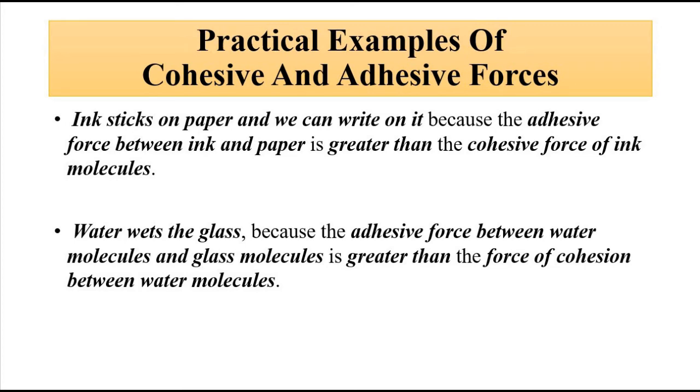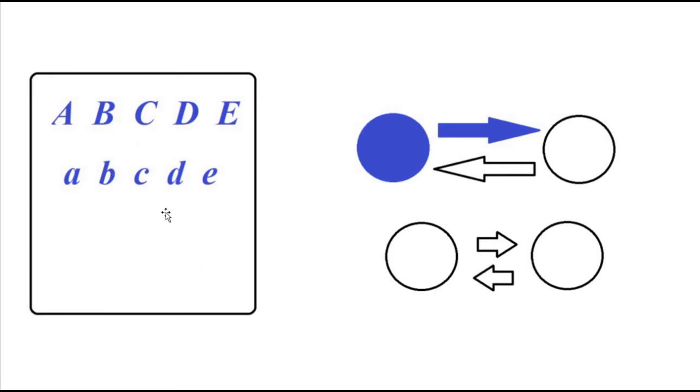practical example of the force of cohesion and adhesion is that when we write on a paper with the help of ink, ink is fluid, paper is solid, the ink sticks on the paper and it does not move or overflow in random directions, otherwise it would have been very difficult to read.